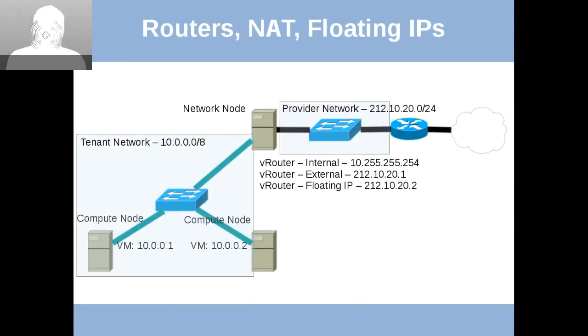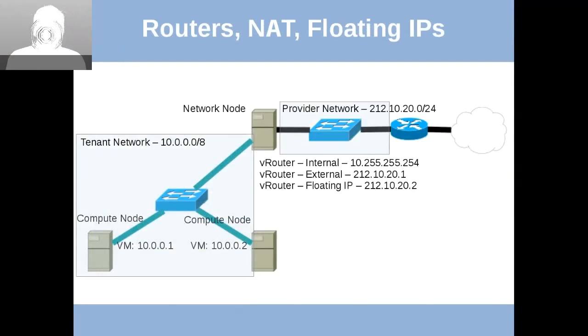So in this example, the user created his own router and then hooked it up to two networks: the tenant network, which he also created, and also connected this virtual router to the provider network, which was actually created beforehand by the administrator, not by the tenant.